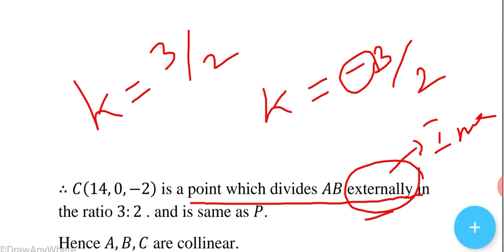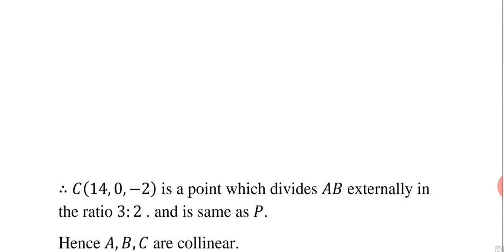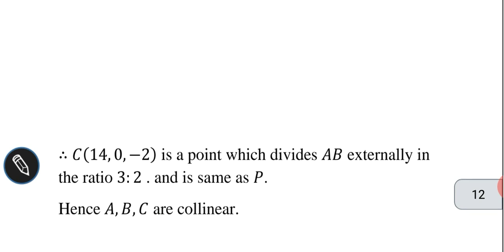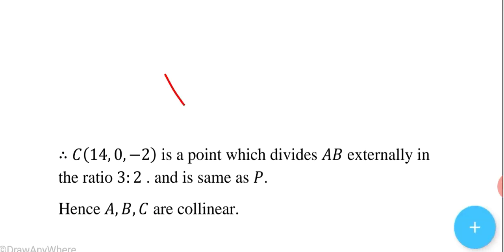So we can write C (14, 0, -2) is a point which divides AB externally in the ratio 3:2 and is the same as P. Therefore, ABC is collinear.